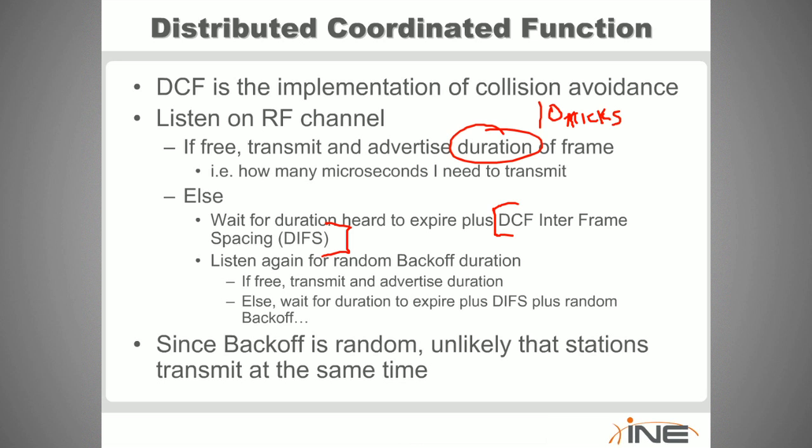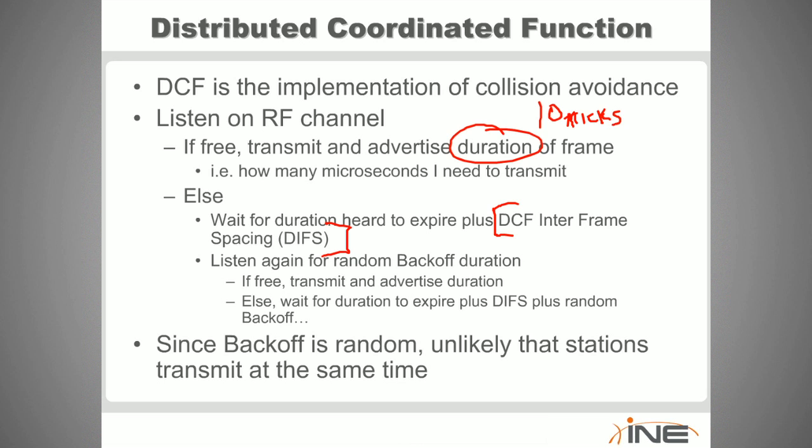So let's say, for example, that I listen onto the media, which is the air. I hear that someone is sending and their duration is 10. So I wait 10 ticks. I wait whatever the DIFS is. It's going to be based on the individual specification, so it'll be different in 802.11b versus 802.11g. I wait the interframe spacing. Then I calculate a random tick value of 5 ticks.